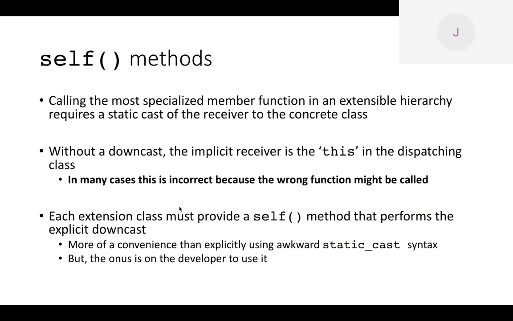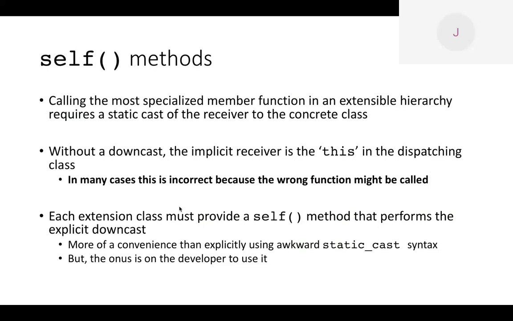Each extension class has to. The way that we've made this a little bit easier is that each extension class should provide a self method that performs the explicit downcast. So you use self whenever you would have thought about using this in the past.